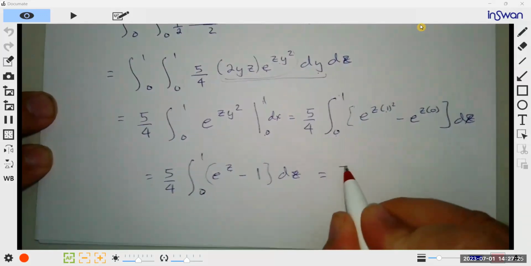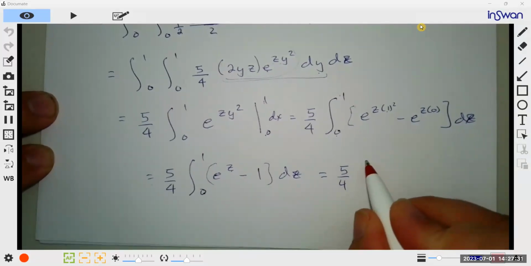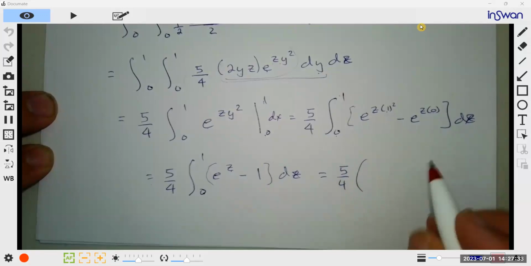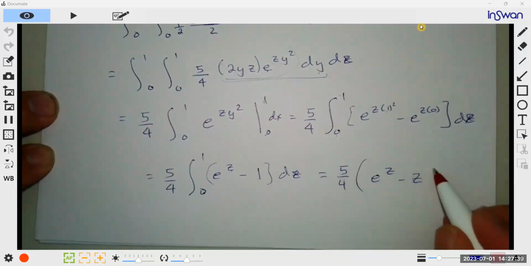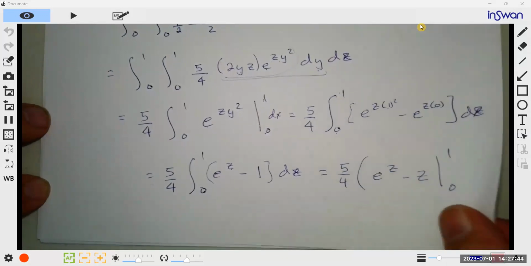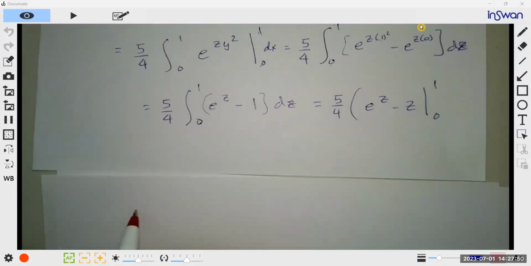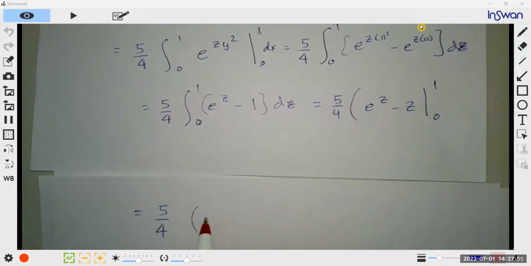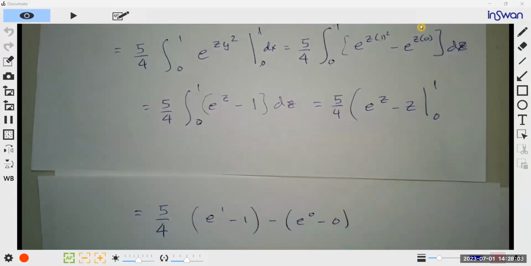So the integral is 5 over 4 times the integral with respect to z, which is simply e to the z minus z, from 0 to 1. So we have e to the power 1 minus 1, minus e to the 0 minus 0.